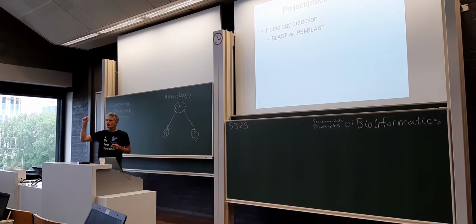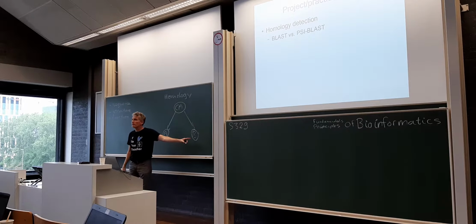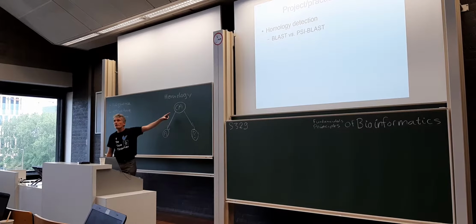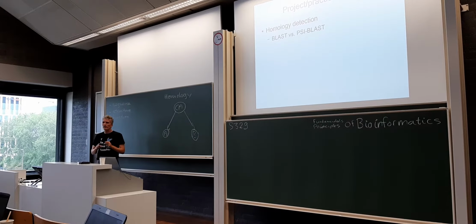Okay. So if they have a common ancestor, they'll probably have the same structure, because if you had made a mutation in one branch that changed the structure, it's very, very unlikely that you would have kept the function. If you don't keep the function, you're likely to die. You're likely to be selected against.